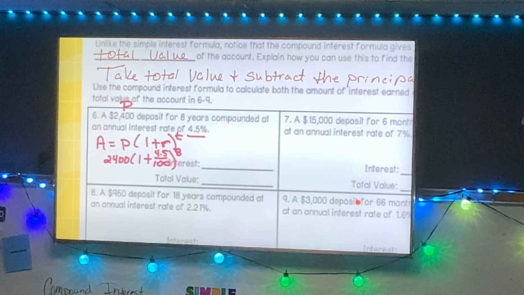Now, this is just a normal calculator. You're just plugging that in there. Your parentheses are above your 8 and 9. So this is just 2,400.